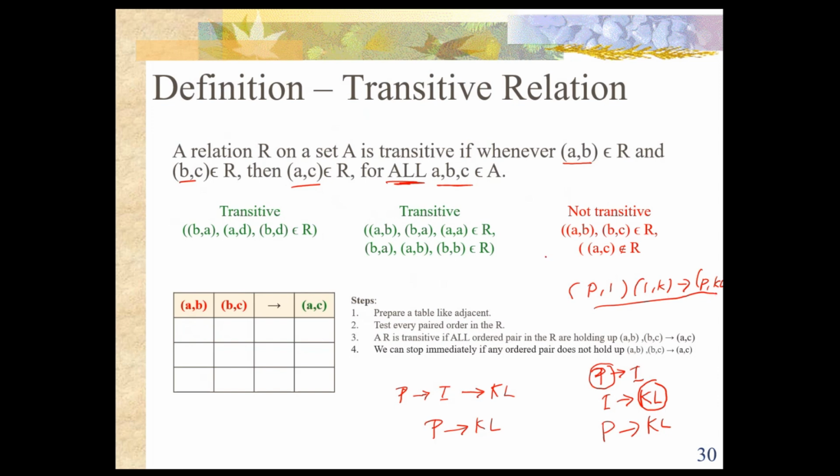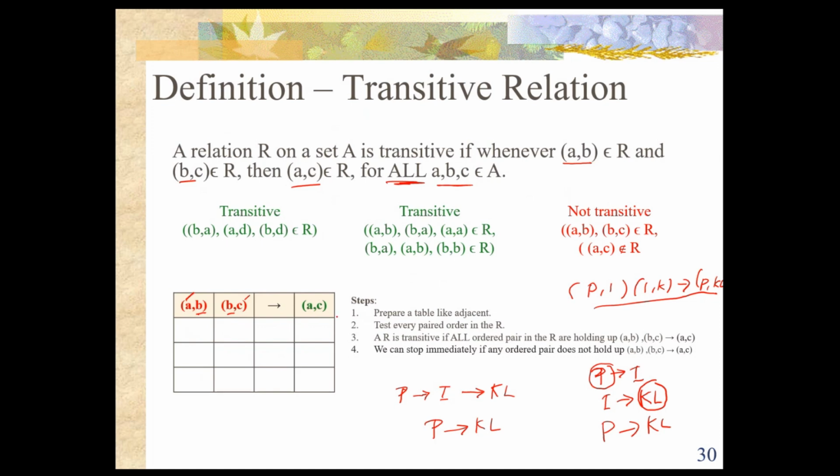Now, wherever you see a question asking you to analyze whether the relation is transitive or not, I recommend you draw this table, whereby in the first column you put pair (A,B), the second column pair (B,C), and then an arrow, which suggests that there should be (A,C). You see? The common element is B, so the common element actually connects A to C. So prepare this table.